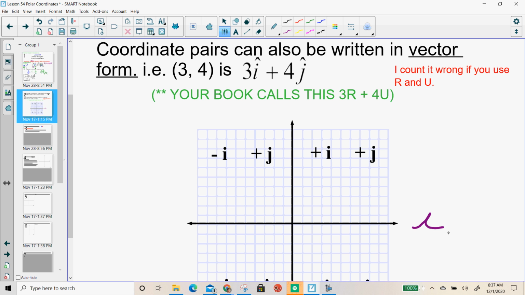This direction is the i hat direction. This direction is the j hat direction. I'd go 1, 2, 3 in the positive i hat direction, 1, 2, 3, 4. But my vector would be an arrow that starts at the origin and ends at that point. So it's not just the point, it's the whole arrow. It's the direction and length.